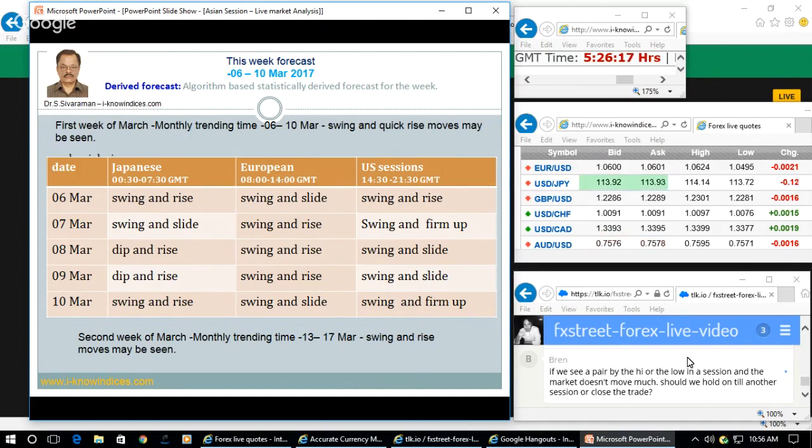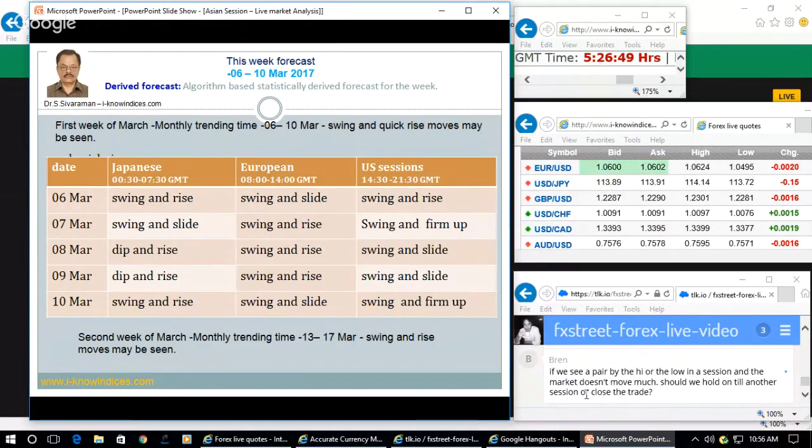And for that, if you follow the session timings I have given and see how the players systematically follow the timings in their moves, then you will understand that these timings are very important. Once you understand the timing, then you will start appreciating the forecast.